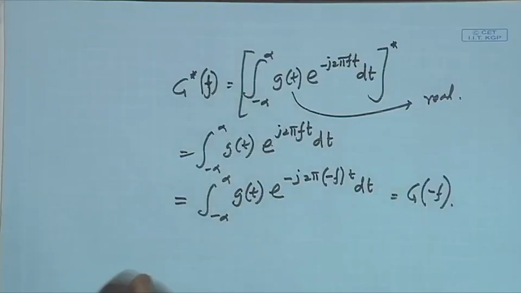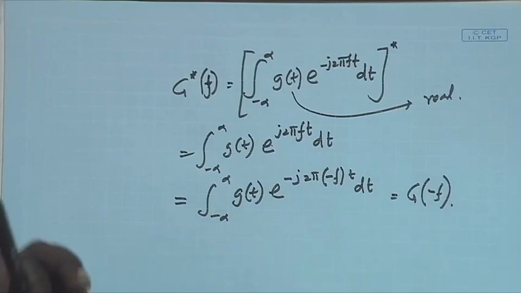So, basically it says that for the spectrum, the amplitude spectrum will be even symmetric, and for the phase spectrum, if G(f) is complex, I will always get odd symmetry in phase, because the complex conjugate just negates the phase. If you see clearly, G(f), if it is complex, will have amplitude as well as phase.